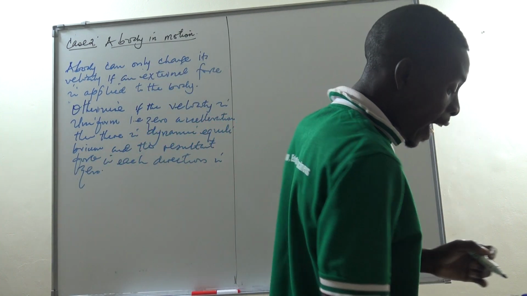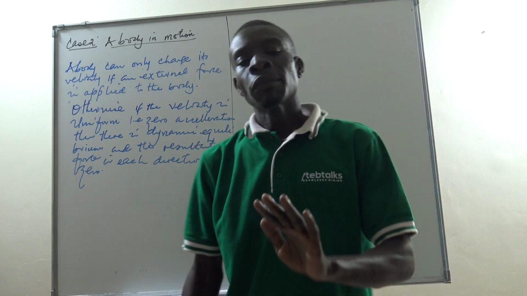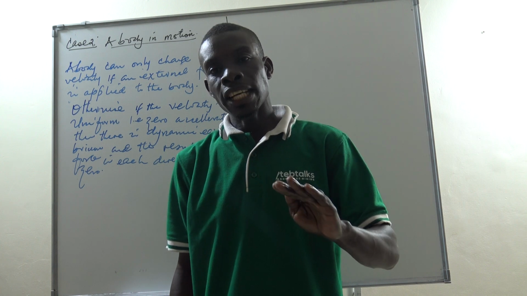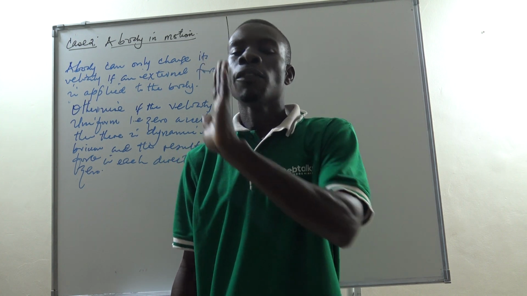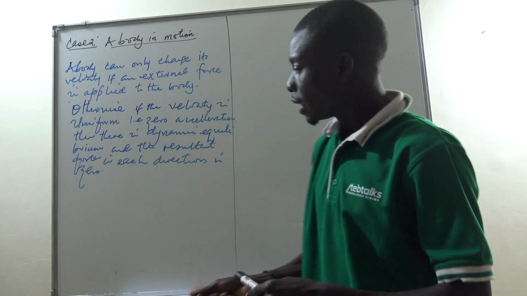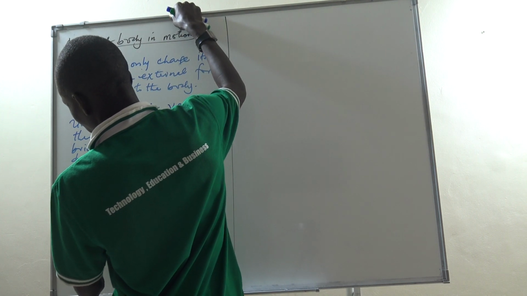Okay? So in a scenario where a body is moving with a constant velocity, it is in a state of equilibrium, but that equilibrium is what we call dynamic equilibrium. Equilibrium when the body is moving, but still the force in the direction of motion is equal to the forces in the opposite direction.